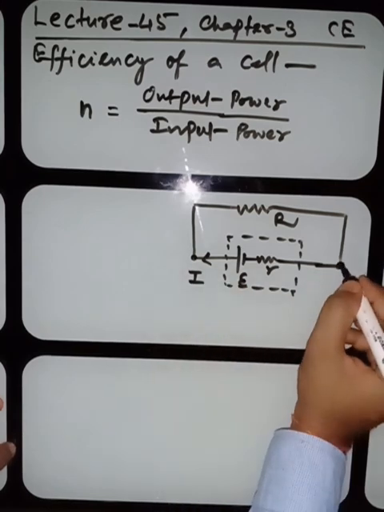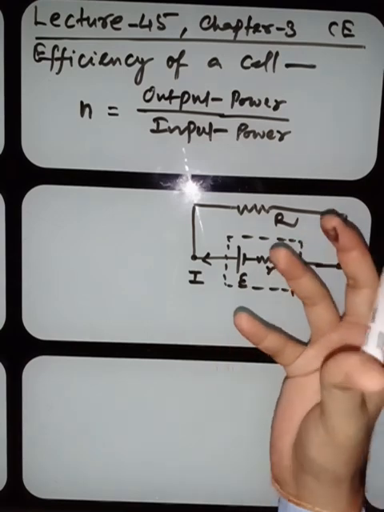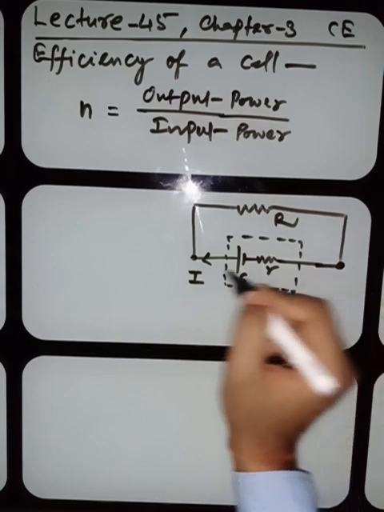Now, the input and output. What is input and what is output? Output will be obtained across these two points.